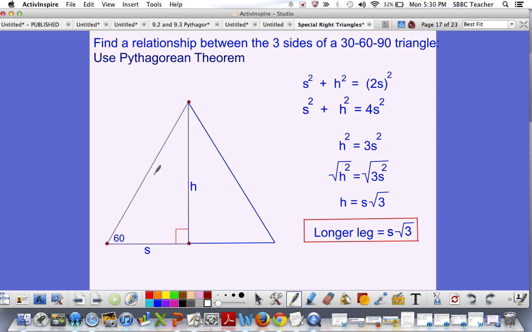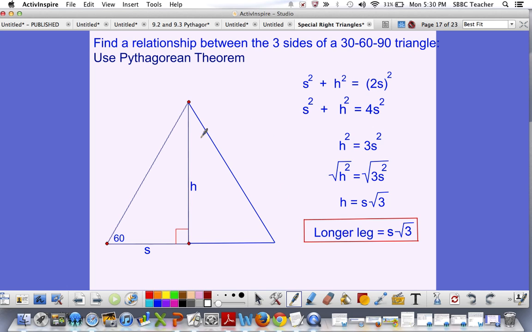If we look again at the original equilateral triangle, we see that it has an altitude of h, a right angle, 60 degrees, and obviously this one up here has to be 30. If we plug in the height and the base into the Pythagorean theorem, we get s squared plus h squared equals, why did we use 2s? Because this is an equilateral triangle.